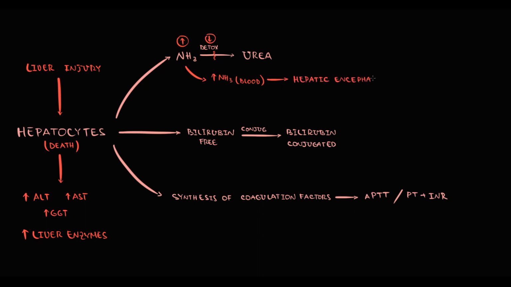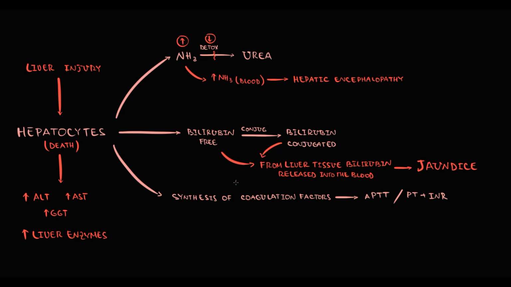In addition to this, with hepatocyte death, bilirubin that was inside the hepatocytes now enters into the blood, and the increase in blood bilirubin level can cause jaundice. With a decreasing amount of hepatocytes, the production of coagulation factors decreases.